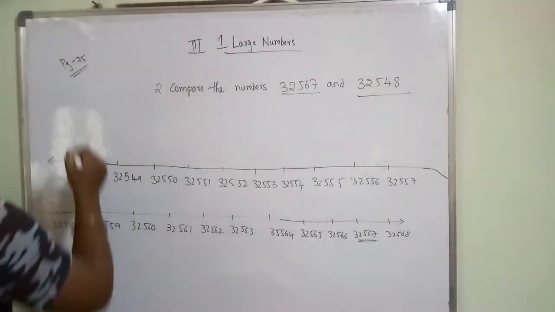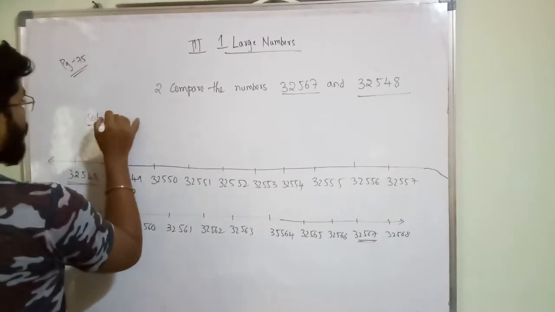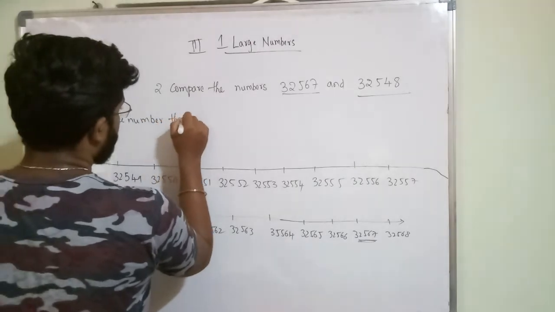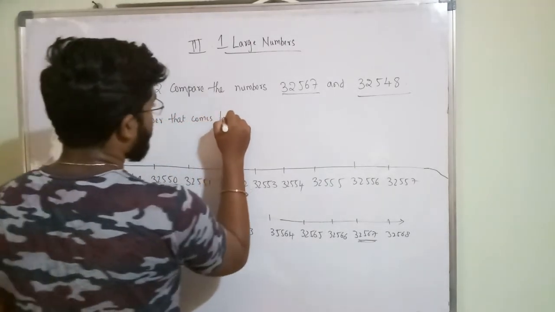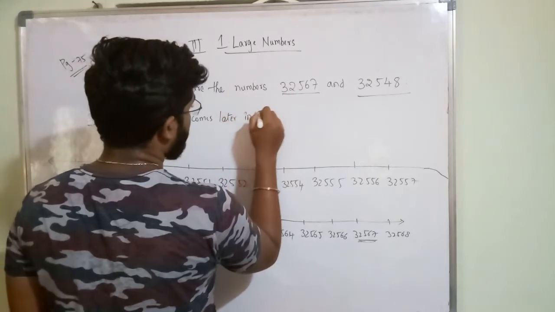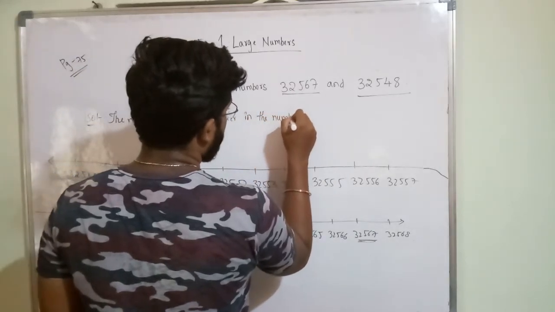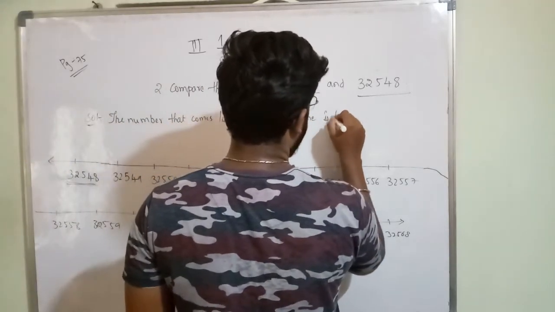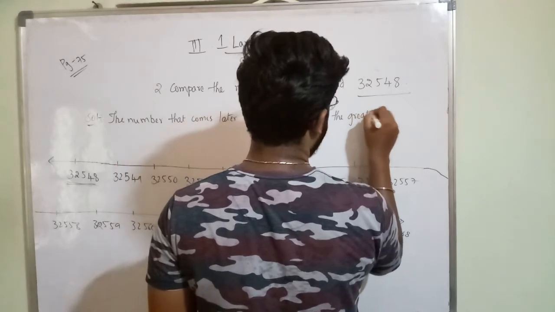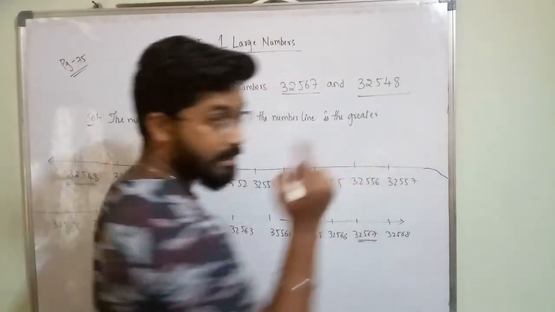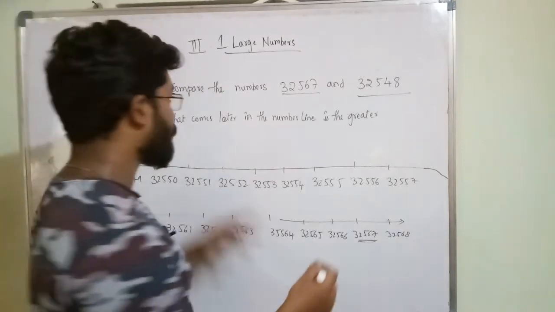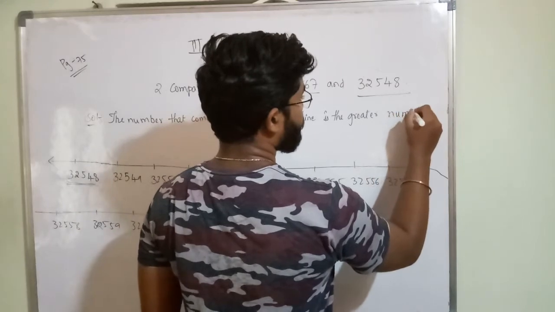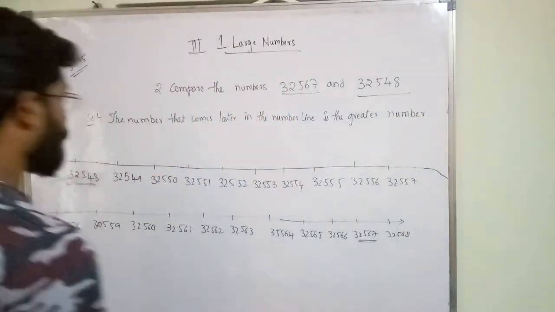Solution: the number that comes later in the number line is the greater number. If you check page number 75, this is the second statement under the heading comparison of numbers. This is the statement.